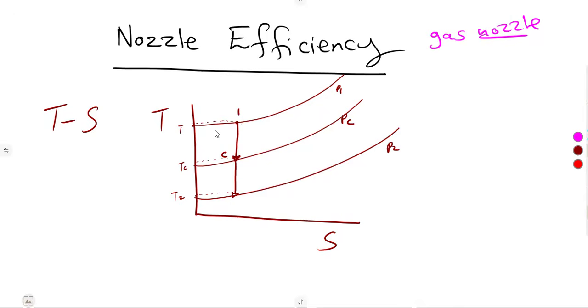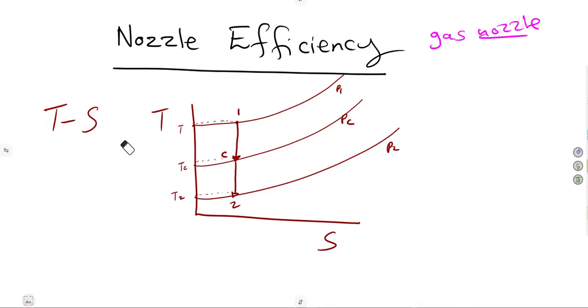From stage 1 to C to 2, guys, there is no effect there. That's an ideal. So when it is ideal like that, there is no effect in terms of efficiency. Your efficiency will be 100%.